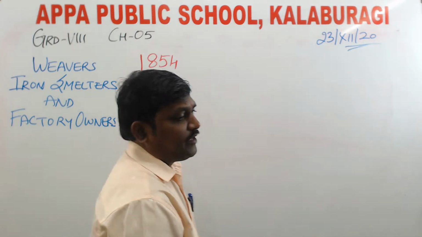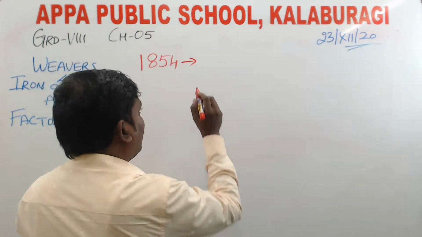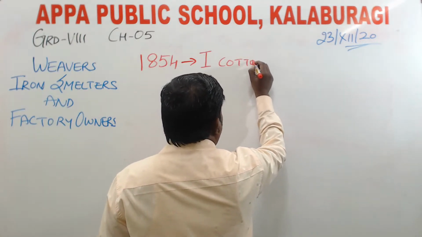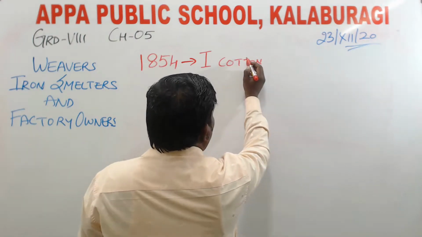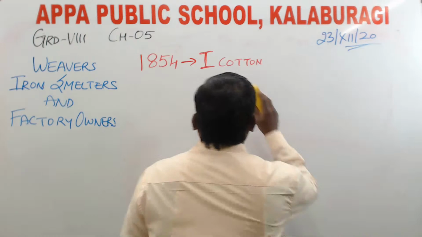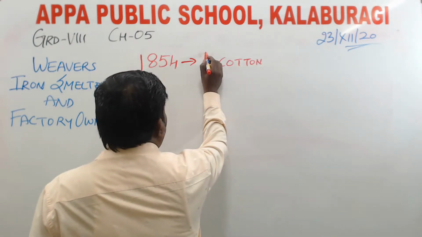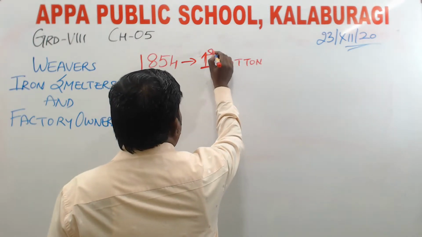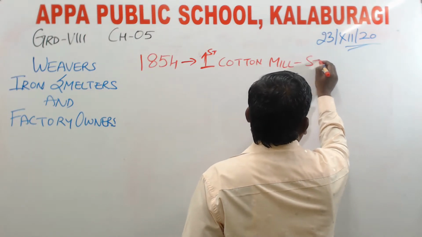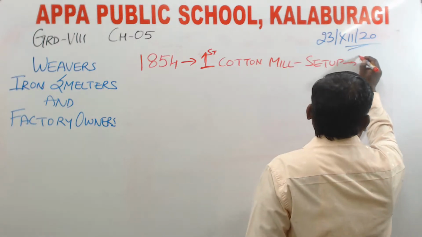Now, in the year 1854, the first cotton mill was set up in Mumbai.